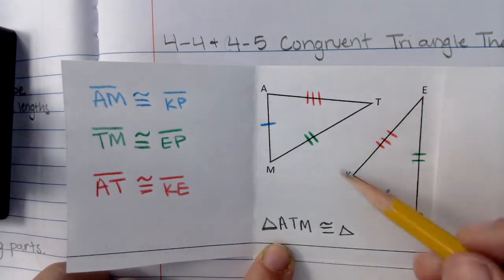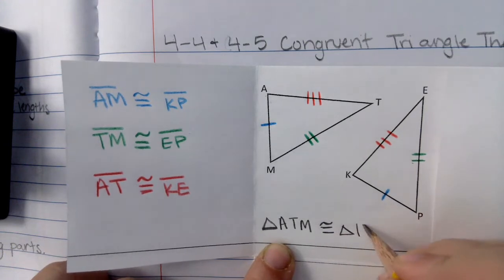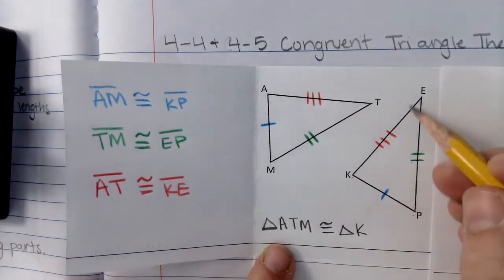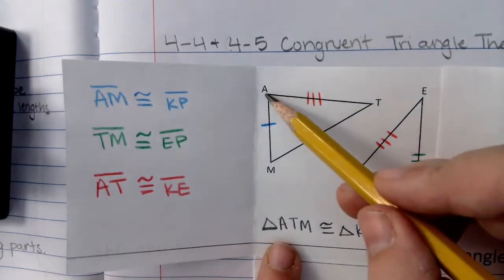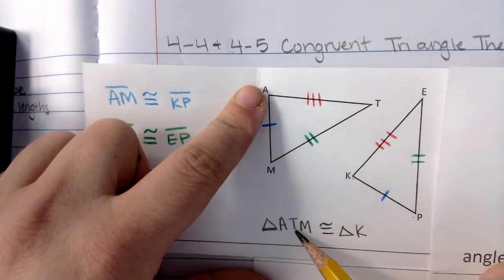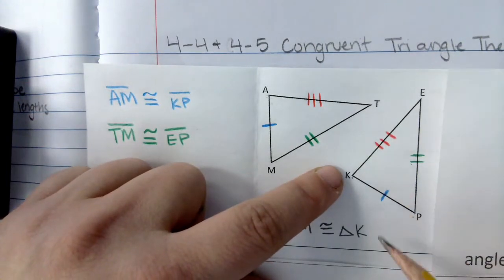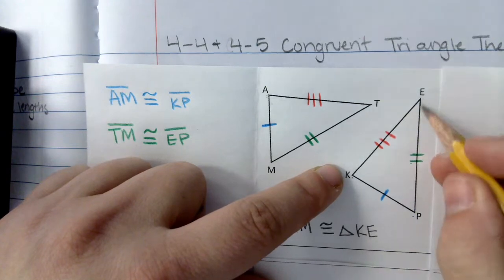K. All right, now for K, do I need to go K to P or K to E? Here we did A to T, so we did AT. So here I have to do K to E, yep, and then down to P. So it's really important that we're following those tick marks that we're doing.